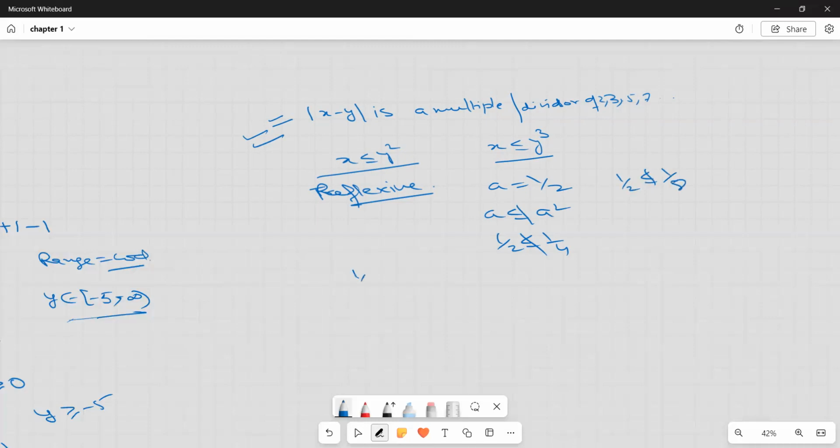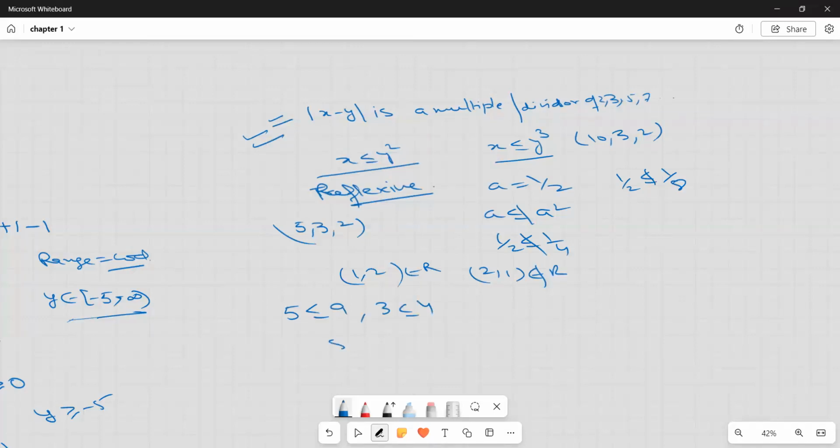For symmetric, you can show for both: (1, 2) is an element of R, but (2, 1) is not an element of R. For transitivity, you will take 5, 3 and 2 over here, and here 10, 3 and 2. How? 5 is less than or equal to 9 and 3 is less than or equal to 4, but 5 is not less than or equal to 4. So this is not transitive. And here 10 is less than or equal to 27, 3 is less than or equal to 8, but 10 is not less than or equal to 8.